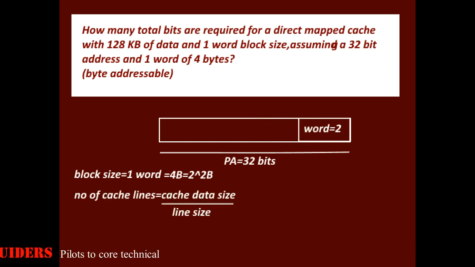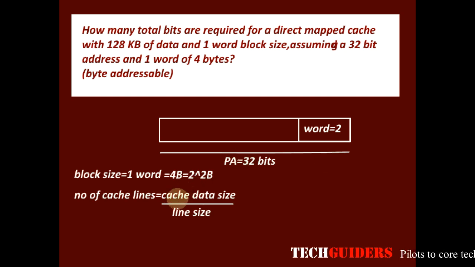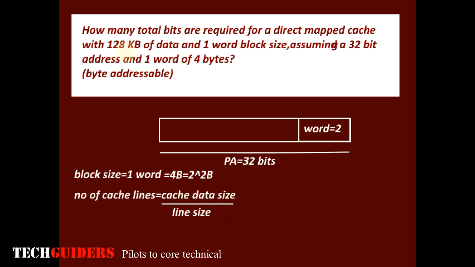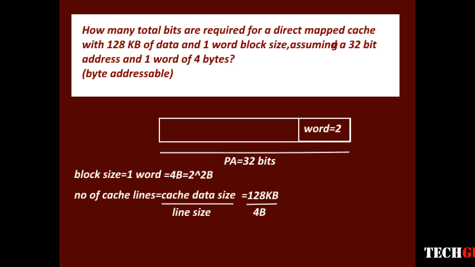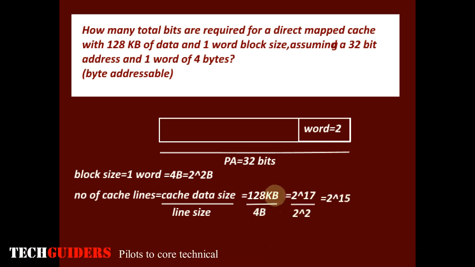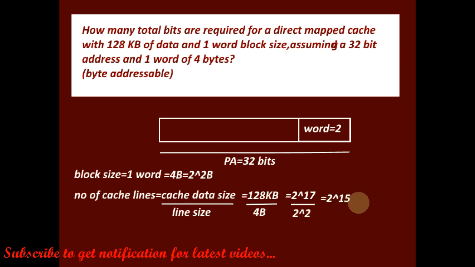The number of cache lines is equal to the cache data size divided by the line size. The cache data size is 128 KB and each cache block size is 4 bytes. Thus 2 power 7 into 2 power 10 divided by 2 power 2, which is 2 power 15 cache lines.